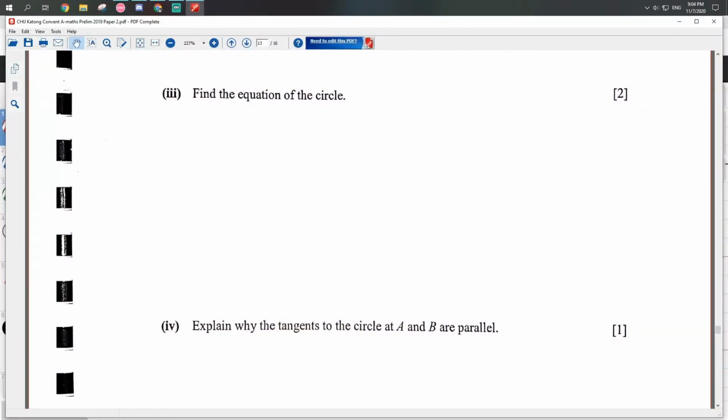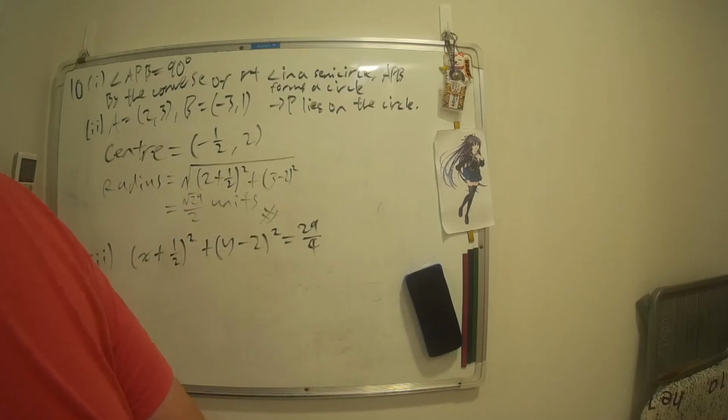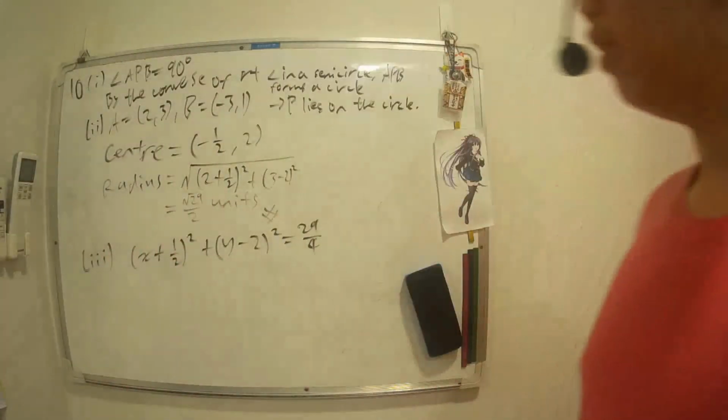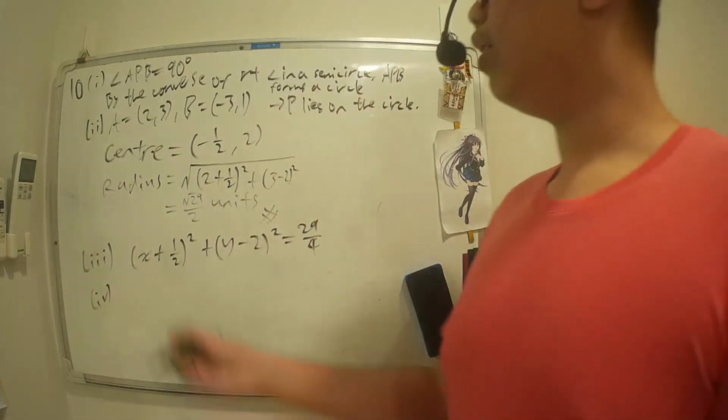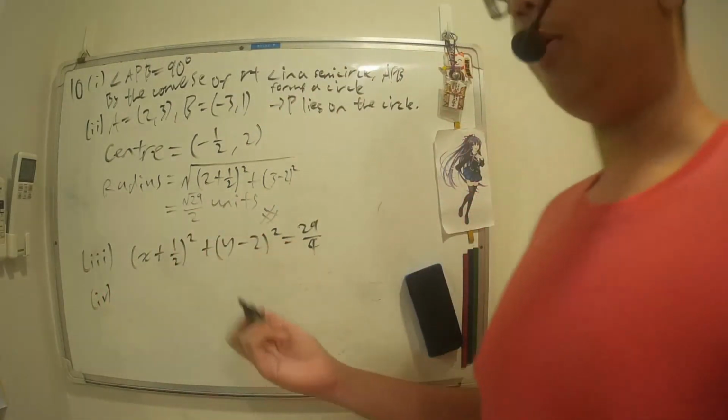And then the very last part. Explain why the tangents to the circle at A and B are parallel. Okay? So this one is also easy. Remember that both are tangents, right?